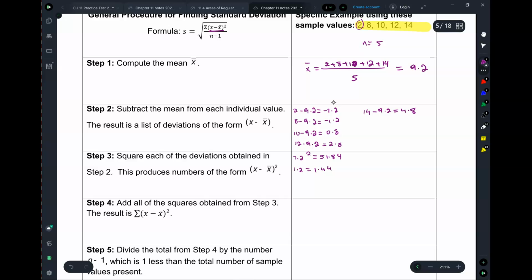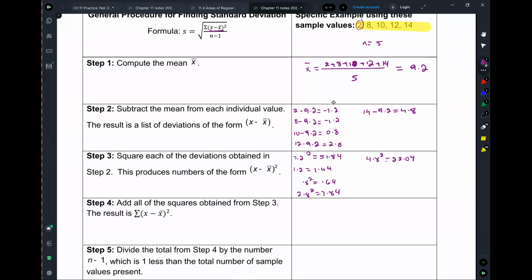We do all of them. 0.8 squared, 0.64. Okay. All right. So we found x minus x bar.